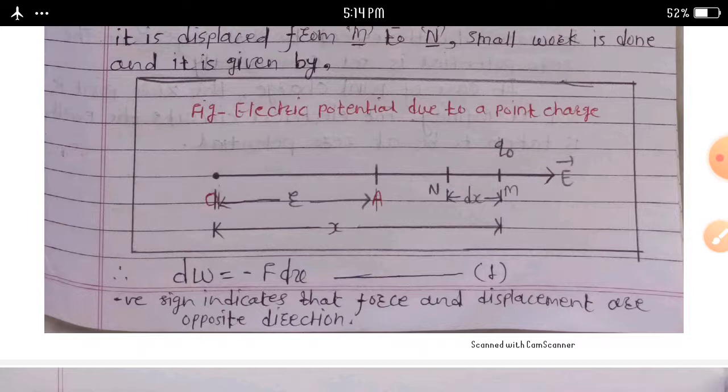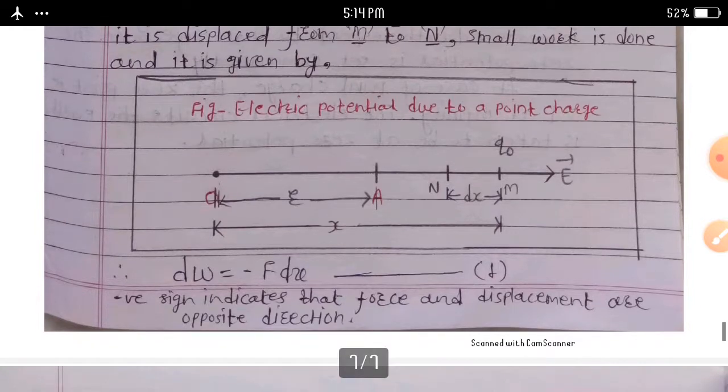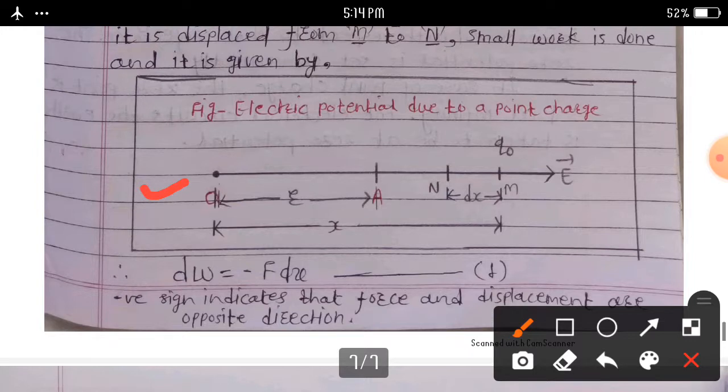Consider a point charge plus q at O. The points capital M and capital N are separated by a small distance. Suppose this small distance we consider dx. A test charge q0 is placed at M.